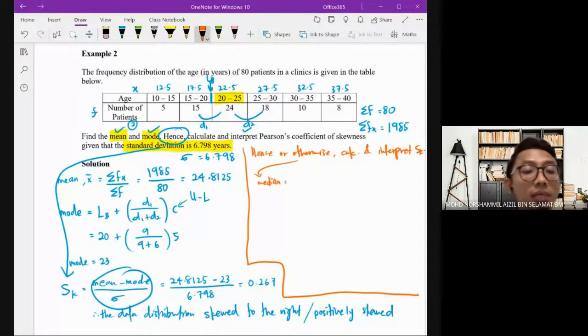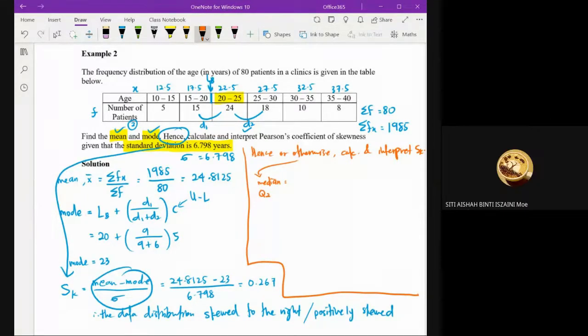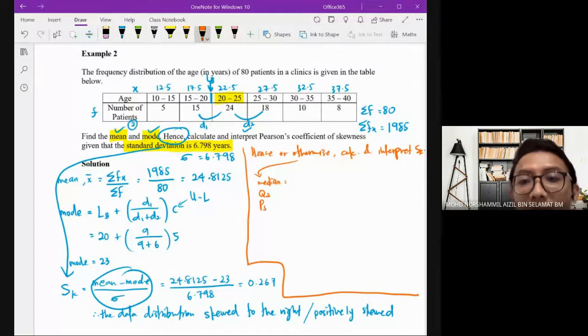Just to revise along the way. How to calculate median? Median is Q2, right? P50, yes.